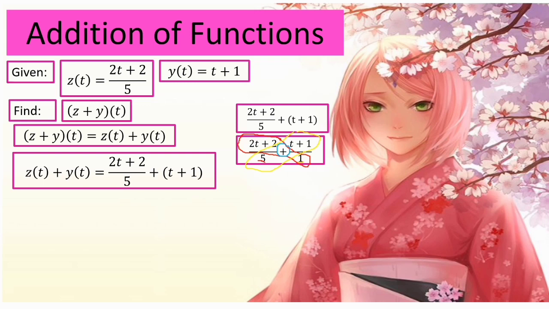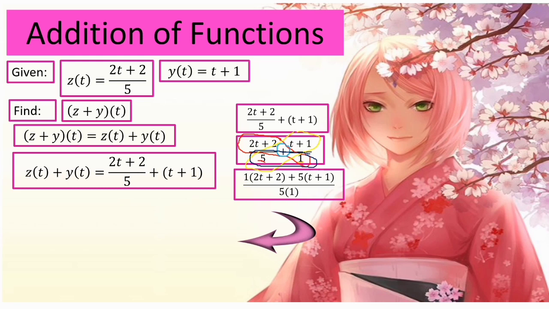And then, last, kailangan din natin i-multiply yung denominator natin, yung 5 times 1. So, ganito ang mangyayari: 1 times (2t plus 2), then yung operation natin na plus hindi pa rin magbabago, then 5 times (t plus 1), all over 5 times 1.